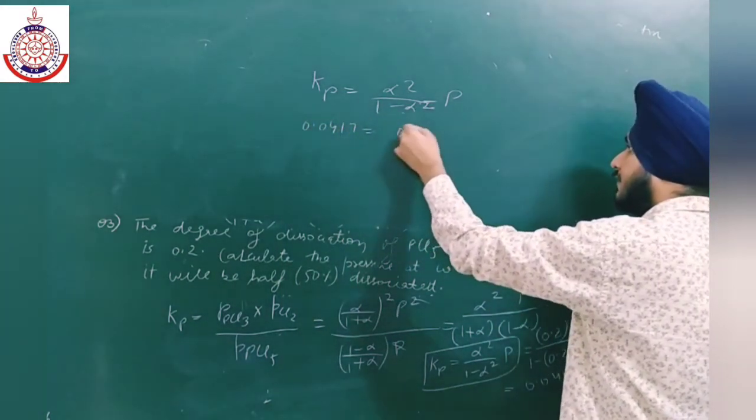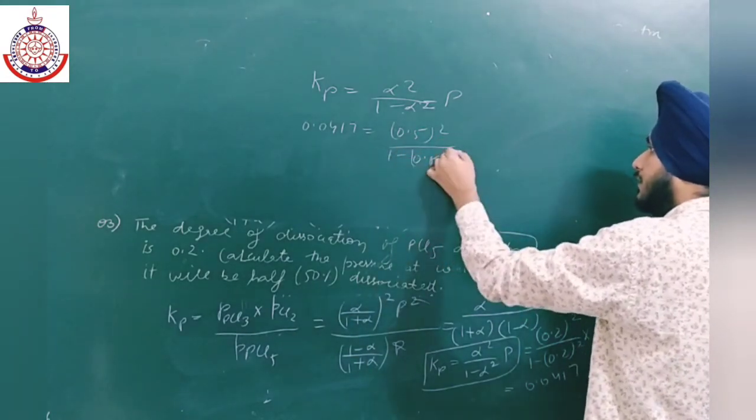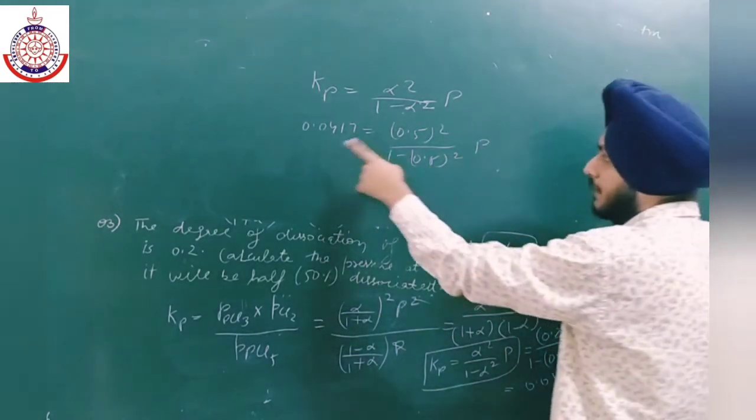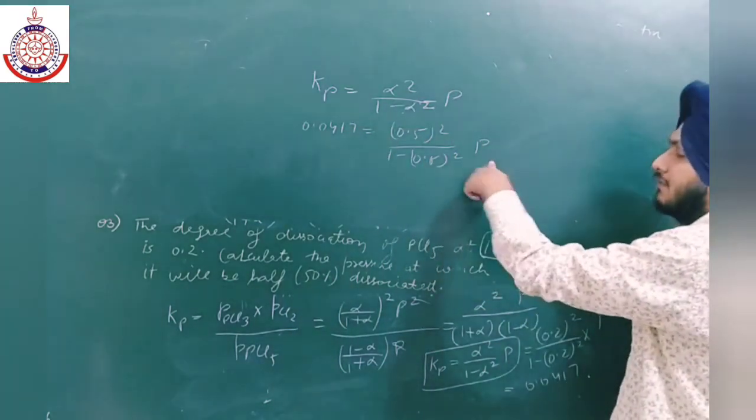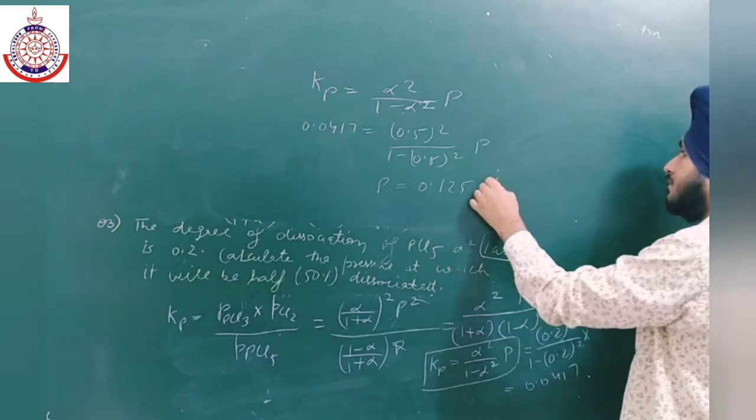So 0.5 squared upon (1 minus 0.5 squared) into P. Simply solve this equation and we will get the P value as 0.125 atm.